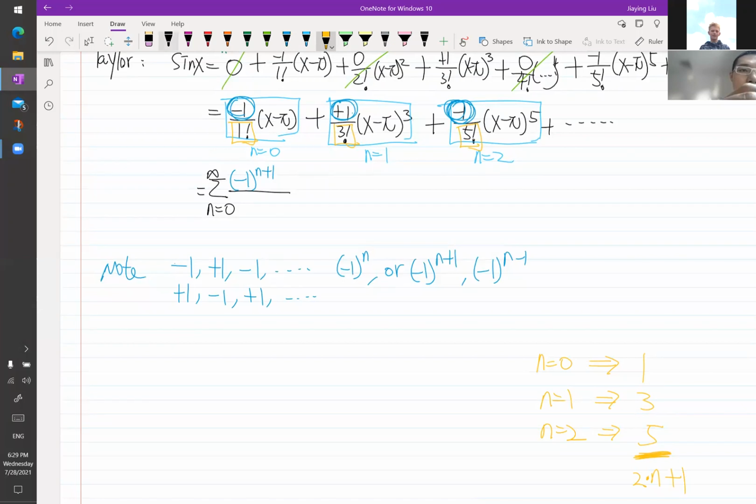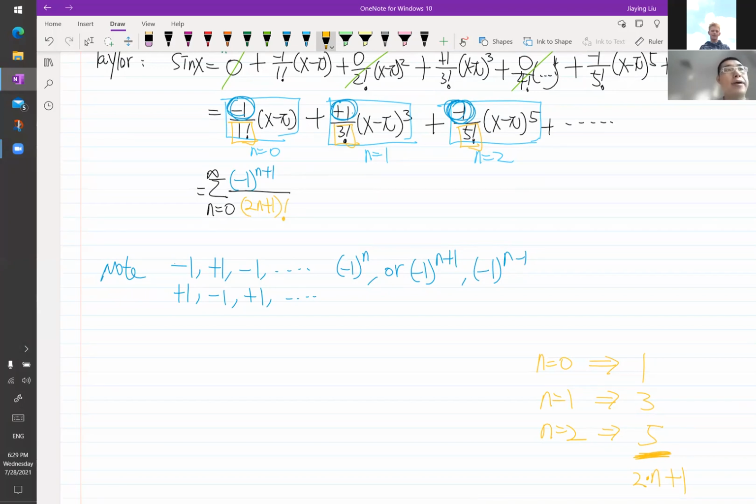So in the denominator, we write (2n+1) factorial. Again, after you write it down, you can always check, right? If I have n equals 0, do I get 1 factorial? Well, if I put 0 there, I get 2 times 0 plus 1, that's 1 factorial. Perfect. If I put 1 there, I get 3 factorial.